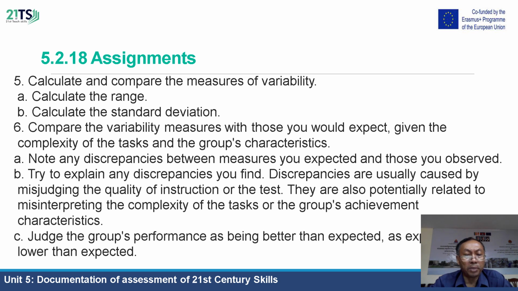Note any discrepancy between measures you expect and those you observe. B. Try to explain any discrepancy you find. Discrepancies are usually caused by misjudging the quality of the instruction or the test. They are also potentially related to misinterpreting the complexity of the task or the group's achievement characteristics.